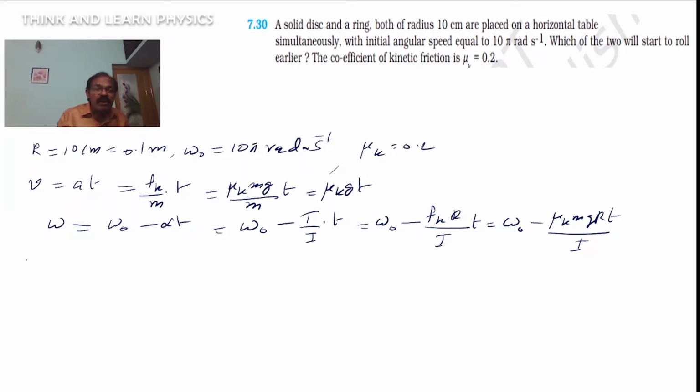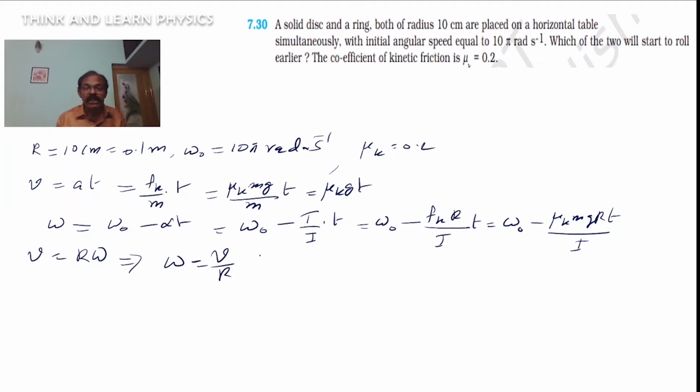Now when perfect rolling begins, we can write down that the velocity of the central mass of the disk or ring v is given by r omega. So we can write omega as v by r.